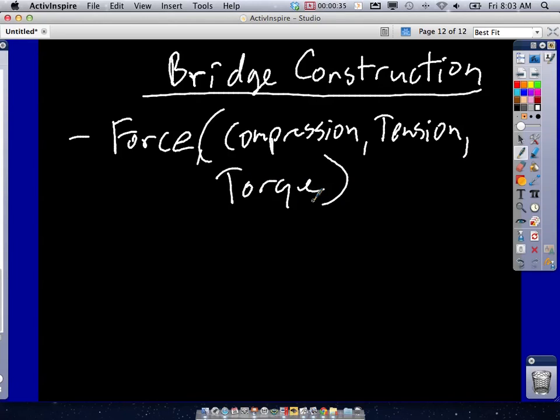You are going to be creating a presentation that explains why your bridge is the best bridge. It's to convince me to give you the contract. You get what I mean? Okay, so you have to go through the forces and use these different concepts of force.